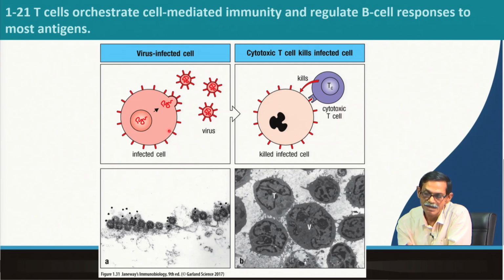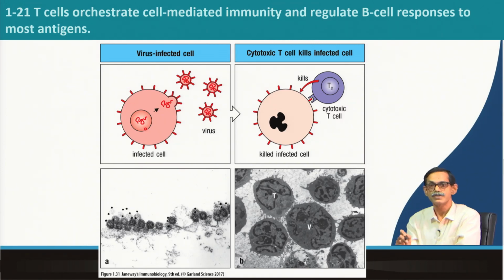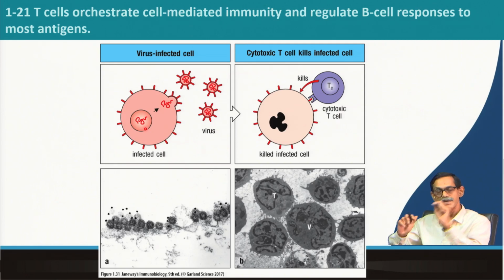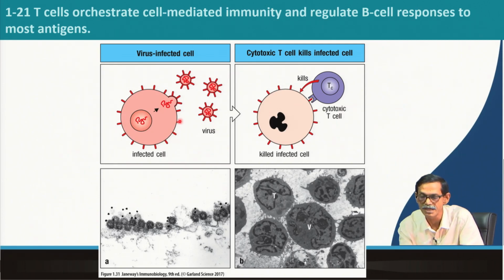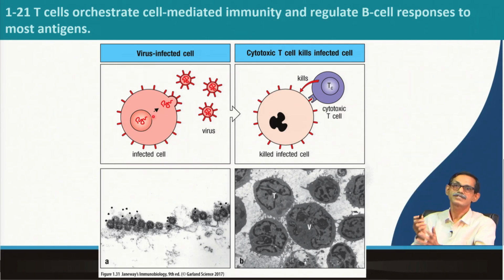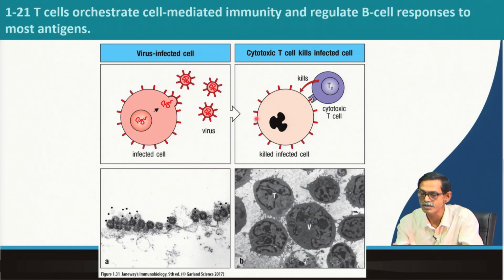But if you see, the virus infected cell expresses some spike type of protein on the cell membrane. In a normal cell this viral spike protein is not present. So, as soon as any cell is infected by virus, it will express a specific protein which was not there before.